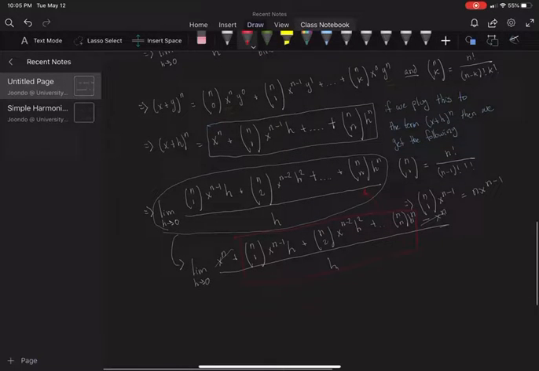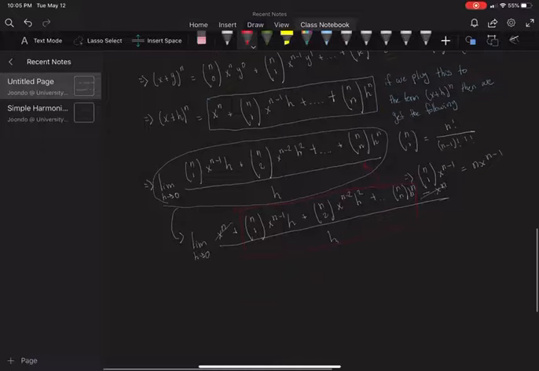So eventually, if you do the algebra, the limit as h tends to 0 of (x plus h) to the nth power minus x to the n over h is going to be equal to nx^(n-1).